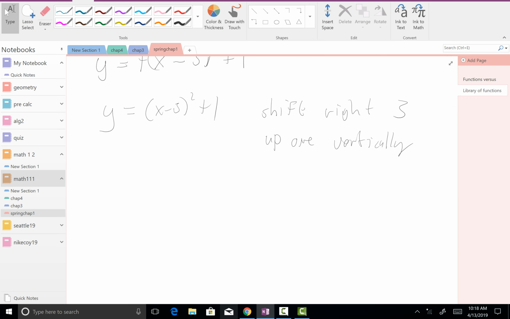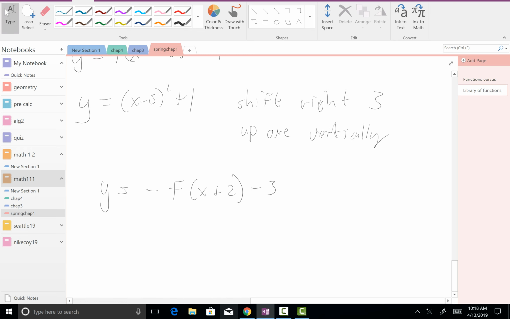Let's do one more like this. Y equals negative f of x plus 2 minus 3. I got all but B going on there. What's one of the things we got here? So you shift horizontally left 2, down 3 vertically, and it's a reflection.